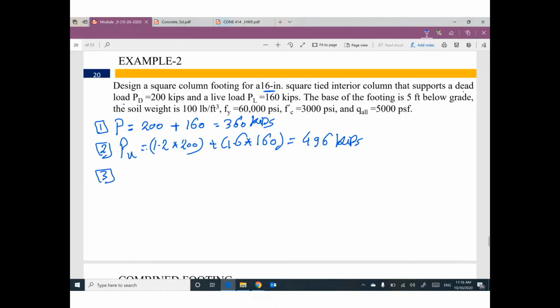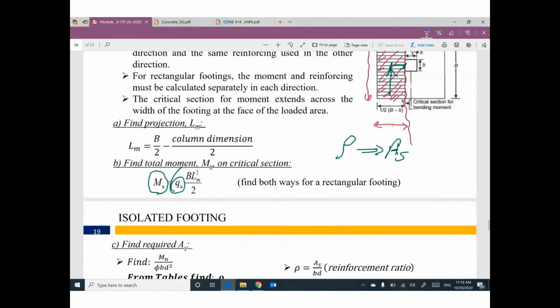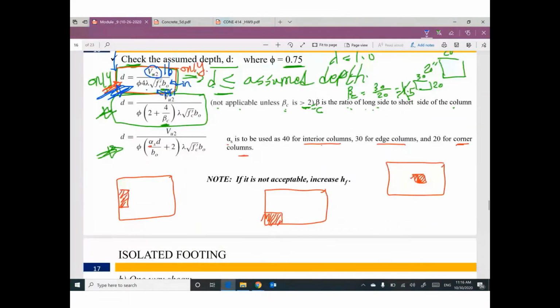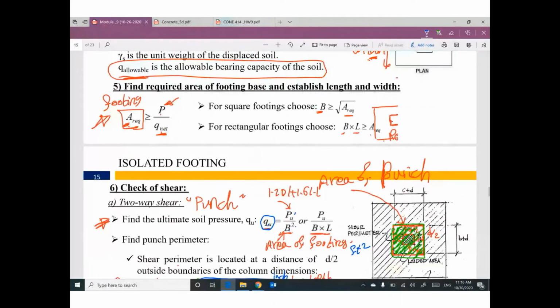What do you think? Do you like to assume the depth or use this expression? It's up to you.